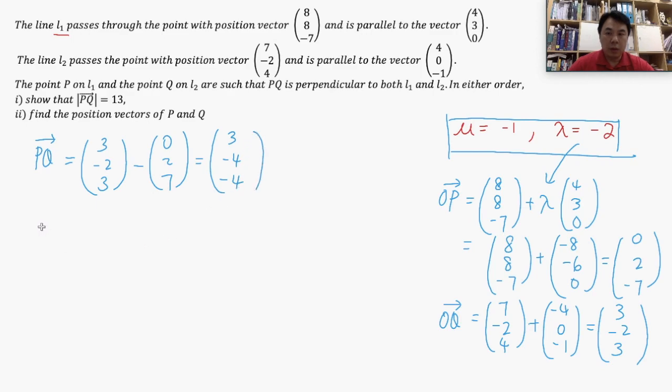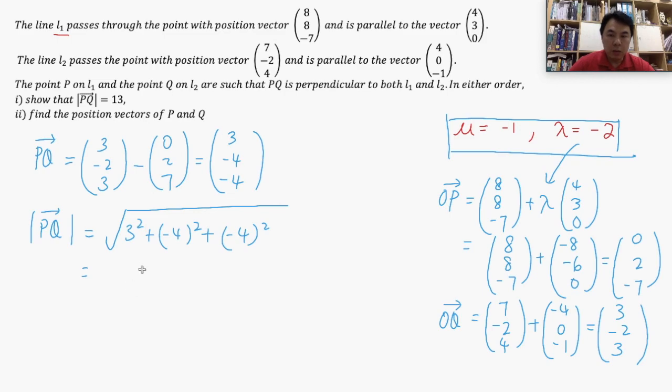Right, now the magnitude PQ is basically given by the square root of 3 squared plus -4 squared plus -4 squared. So 9, 16, 16, that will be 41.